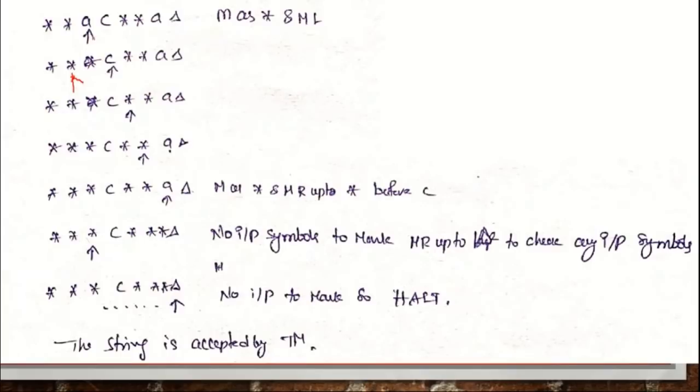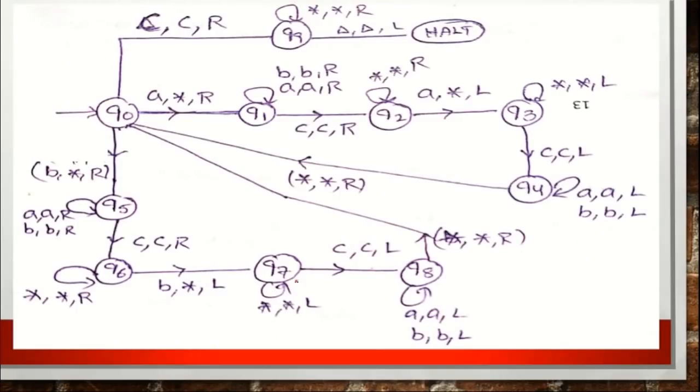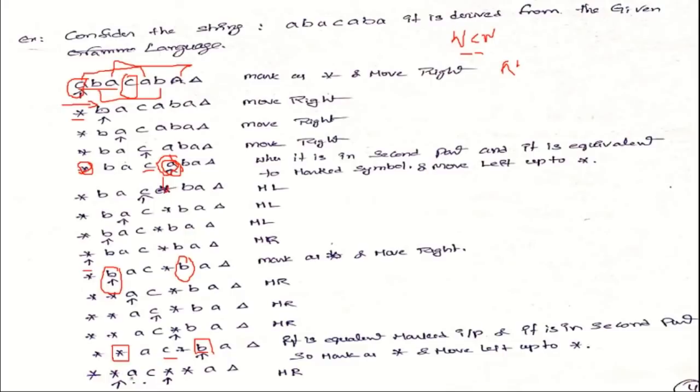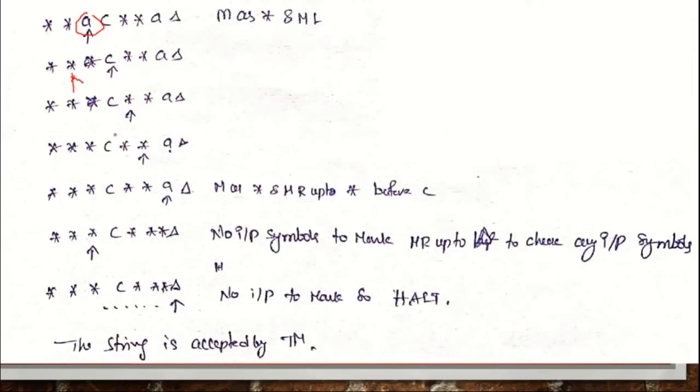Now the input symbol is A. So we can mark this input symbol A as star and then move right to check whether the third input symbol after C is the same as the recently marked symbol. The recently marked input symbol is A, so we check whether the third input symbol after C is A or not. For that purpose we move to the right side.